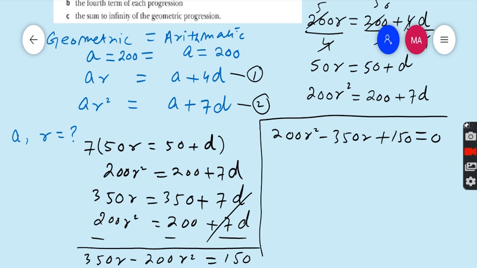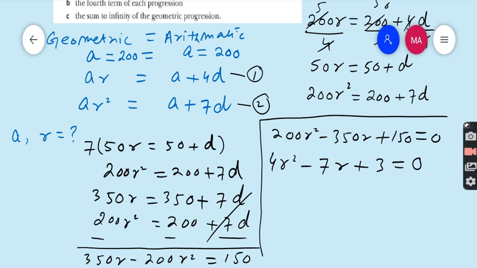But this equation can be made smaller if we divide the whole equation by 50. 50 fours are 200, 50 sevens are 350, 50 threes are 150. 4r square minus 7r plus 3.